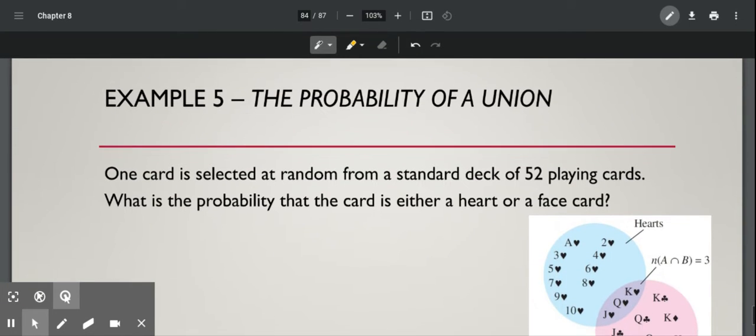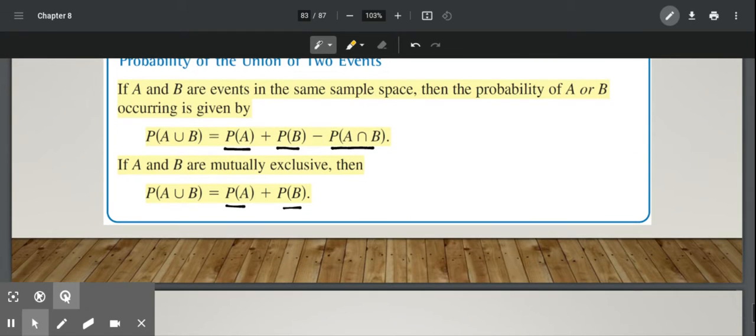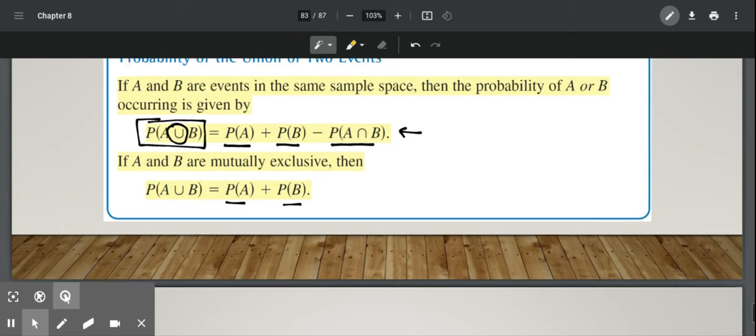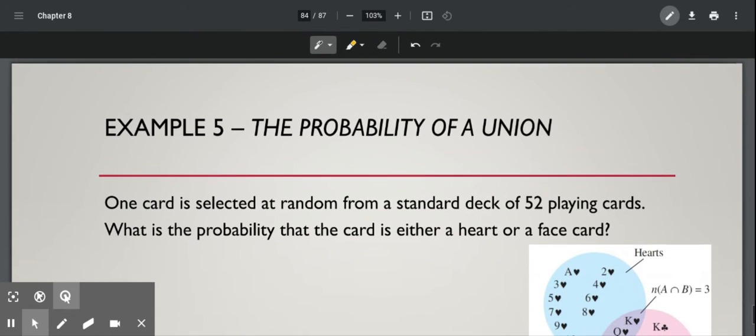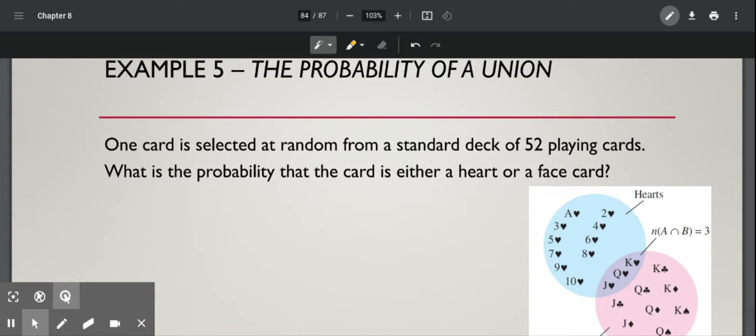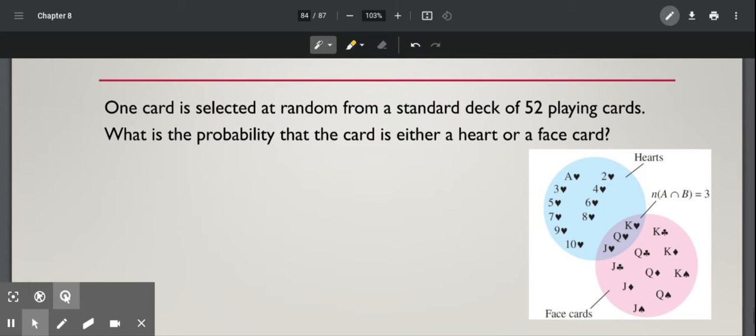So the probability of a union, going back to this first one here, the probability of a union. That U means union. So we have one card selected at random from a standard deck of 52 cards. What is the probability that the card is either a heart or a face card?